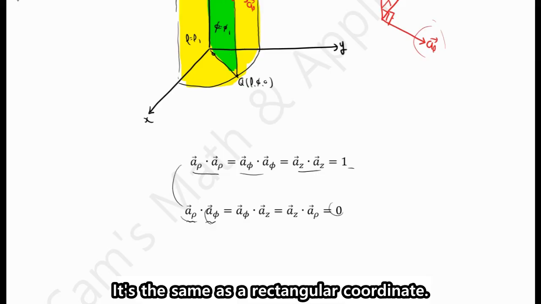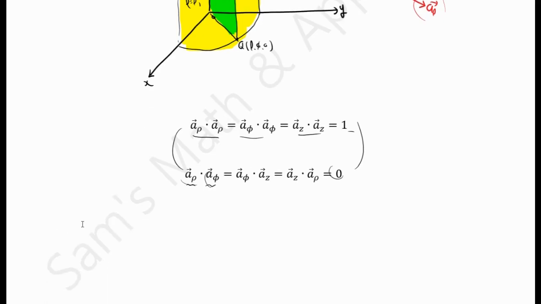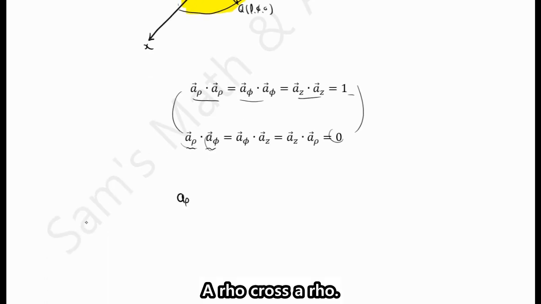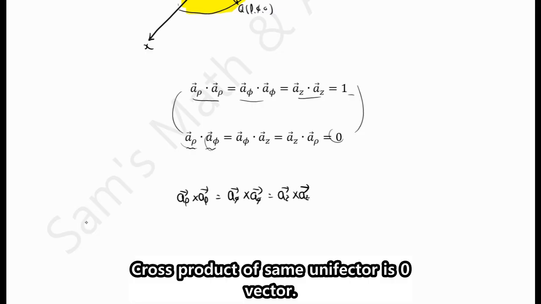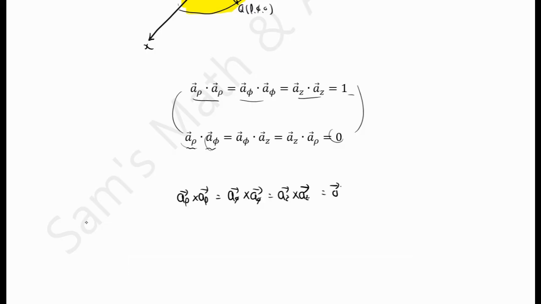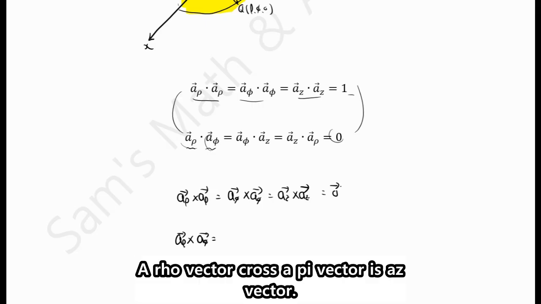It is the same as rectangular coordinates. The cross product in cylindrical coordinates is also the same as in rectangular coordinates. A rho cross a rho, a phi cross a phi, and a z cross a z: the cross product of the same unit vector is the zero vector. The cross product of different unit vectors is another unit vector. A rho cross a phi is a z, and a phi cross a z is a rho.